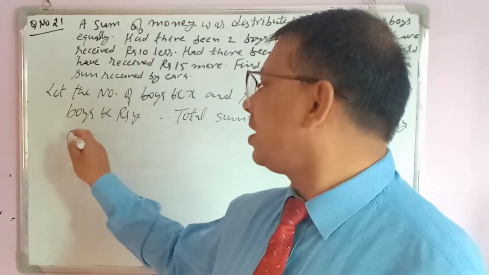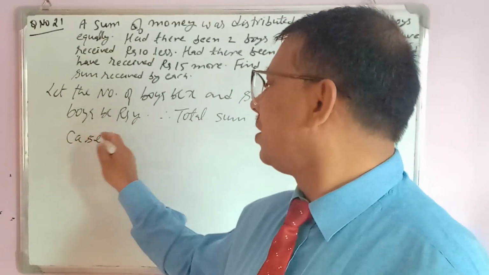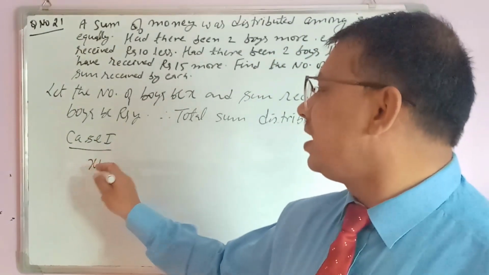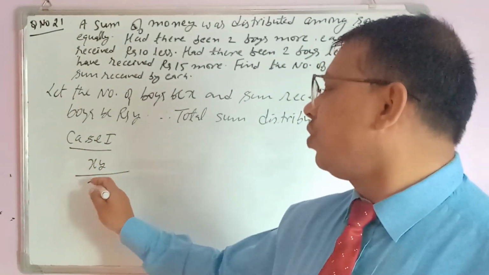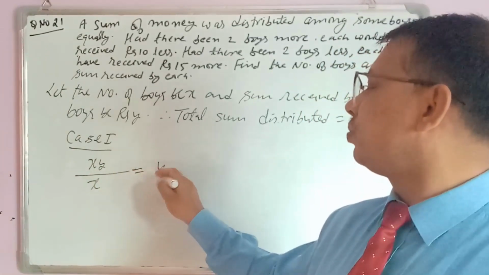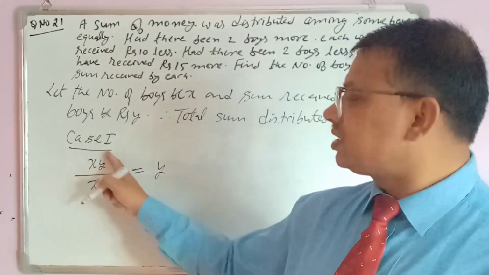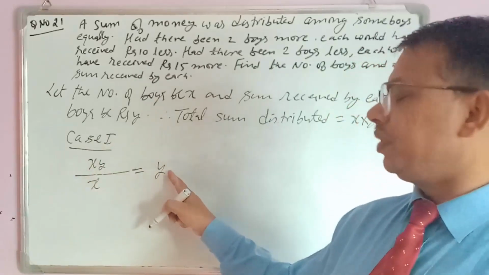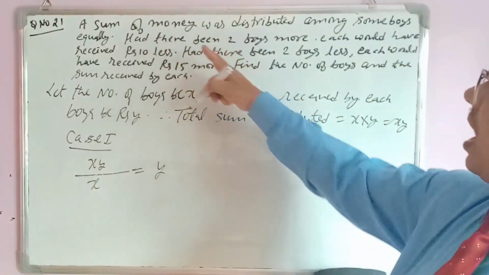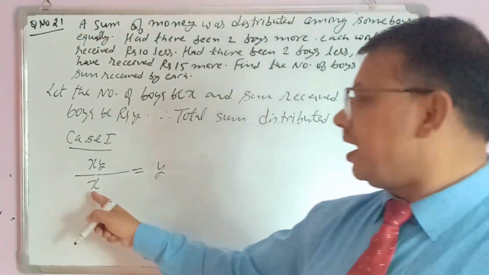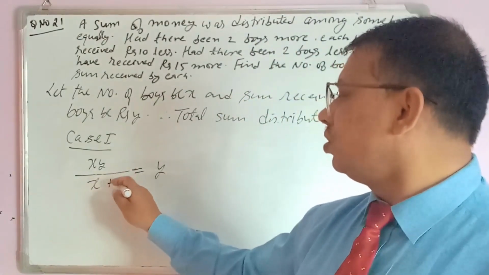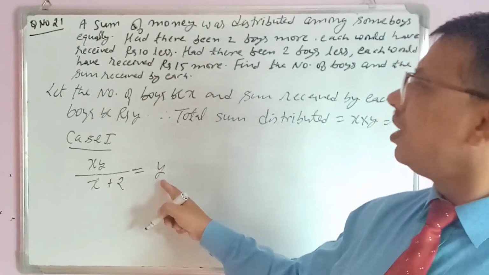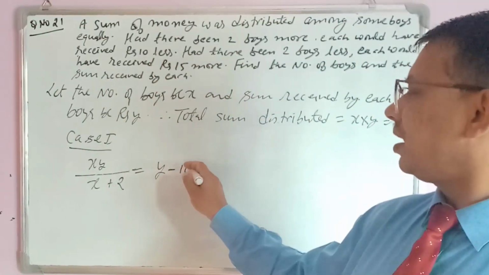Now case 1. First of all, logically understand: the total sum xy is needed to distribute among x boys, and then each boy will get rupees y. Now case 1: had there been two boys more, x boys plus 2, each would have received rupees 10 less, means y minus 10.